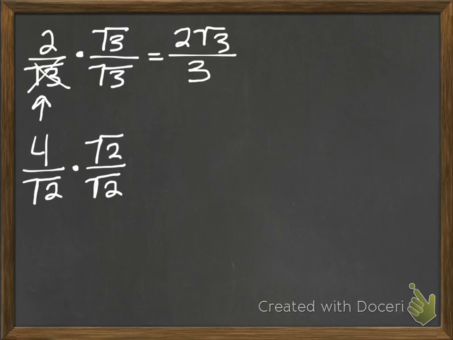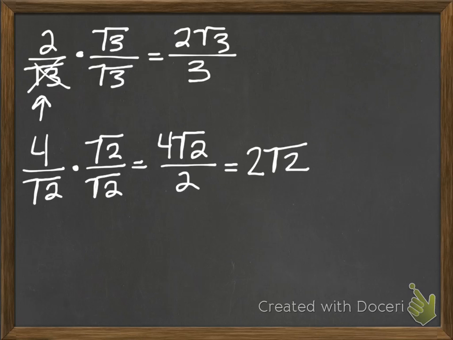Because the square root of 2 over the square root of 2 is 1, because any number over itself is 1. So we know that 4 times the square root of 2 is just 4 times the square root of 2. And the square root of 2 times the square root of 2 is just 2. All right, and now we can just simplify. 4 divided by 2 is 2, and we still have the square root of 2 left. Okay, and let's do one more.